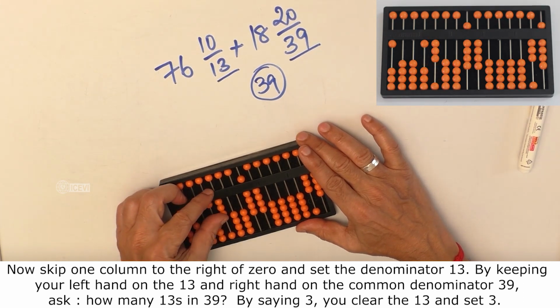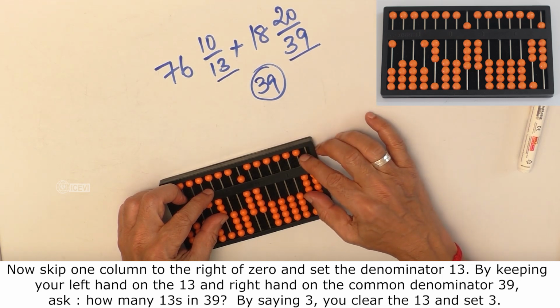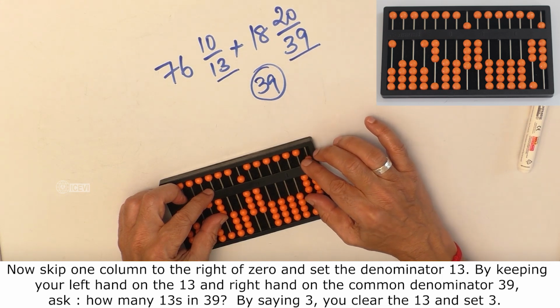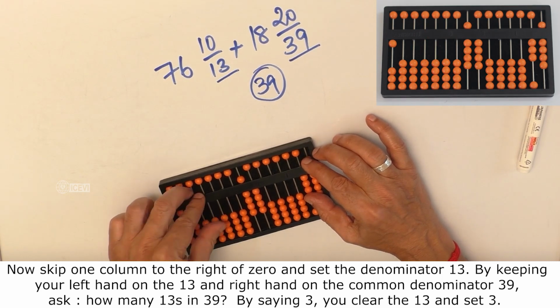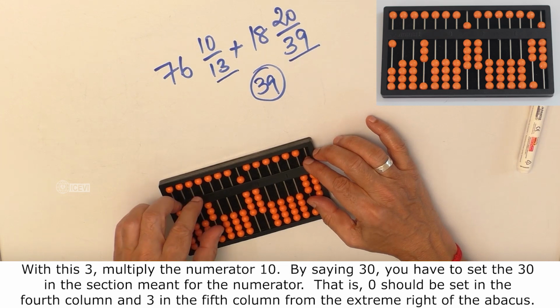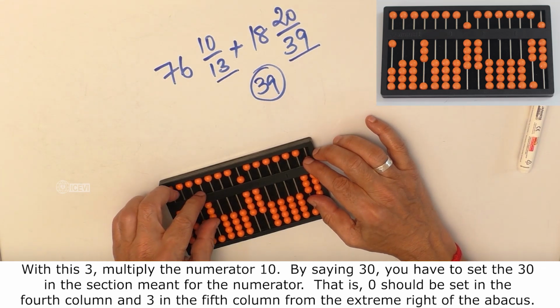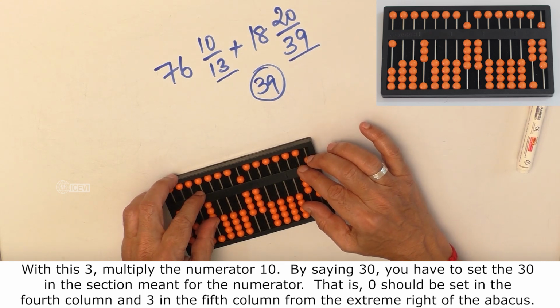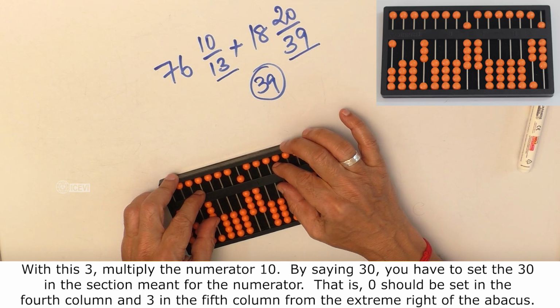By keeping your left hand on the 13 and right hand on the common denominator 39, how many 13s in 13? By saying 3, you clear the 13 and set 3. With this 3, multiply the numerator 10 by saying 30. You should set 30 in the section meant for the numerator.